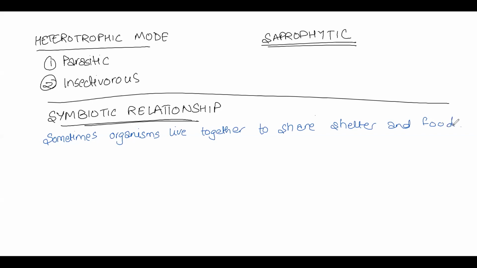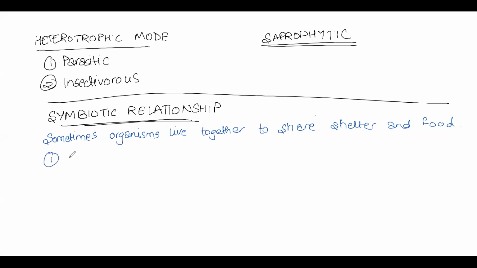Okay, so this kind of relationship is known as the symbiotic relationship. I hope it's clear. So I'll give you an example of the symbiotic relationship. I'll give you two examples.